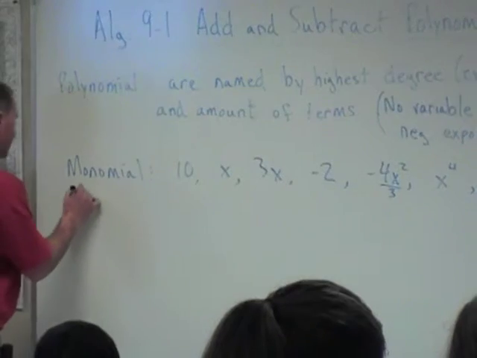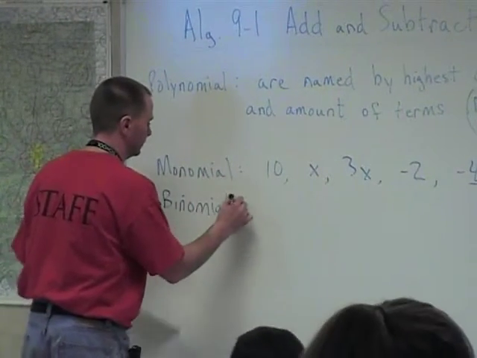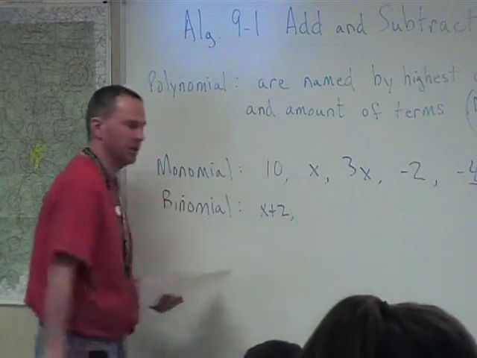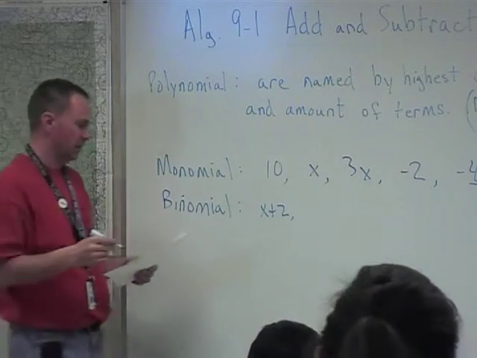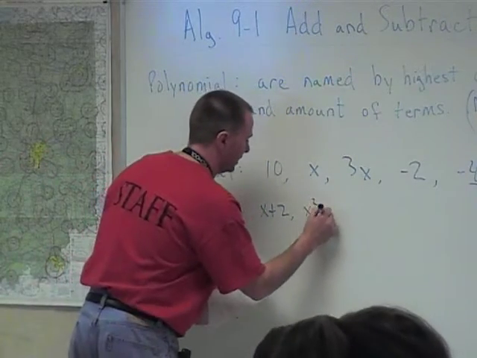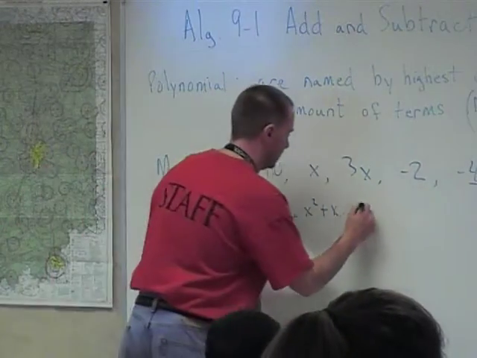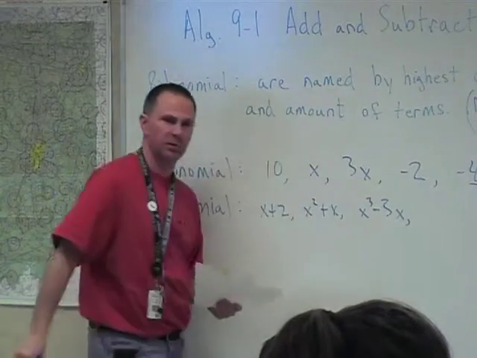As opposed to a binomial. x plus 2, that's two terms, separated by plus and minus signs. x squared plus x, that's two terms. x cubed minus 3x, that's two terms.